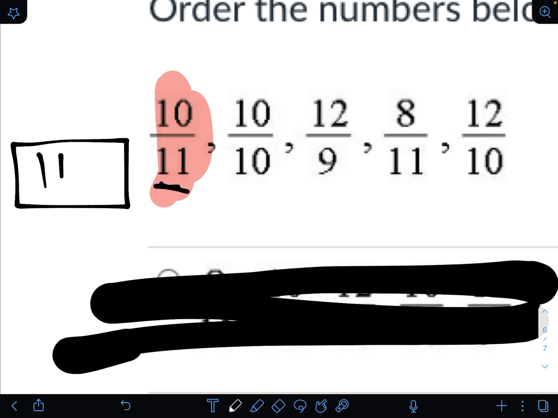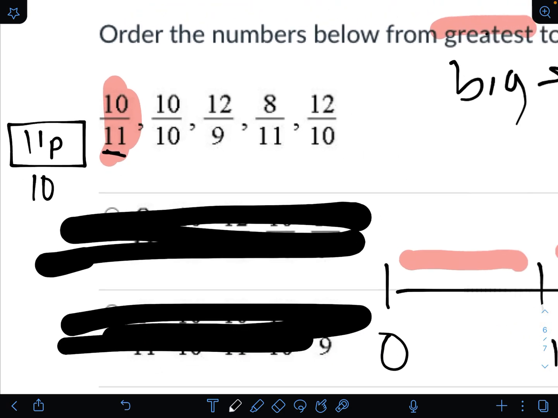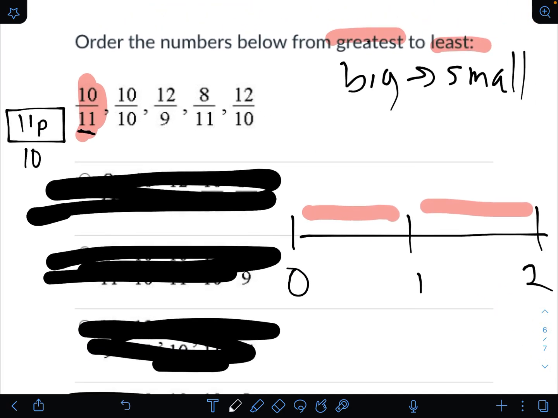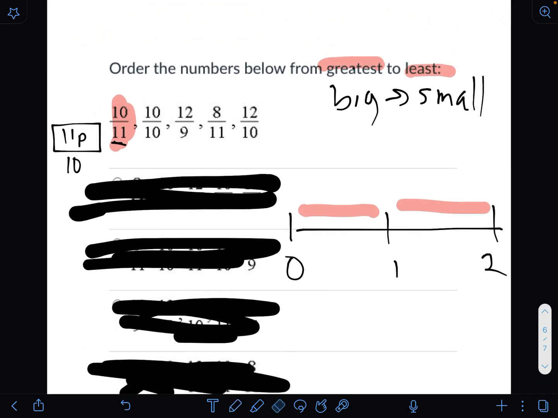And then I have this candy bar that I chop into 11 pieces, and I offer you, my best friend, 10 pieces. Is that more or less than that whole candy bar? Okay. Then you say, well, it's less than the whole candy bar. Awesome. So that means that 10 over 11 is less than 1.